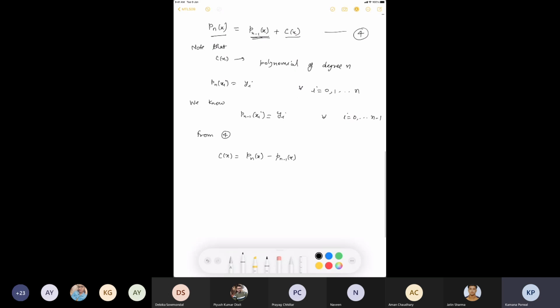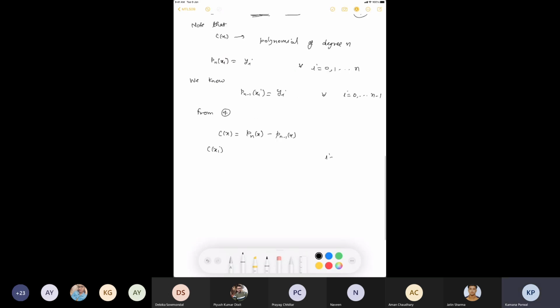If I evaluate Cx at the xi's, where i is ranging from 0 up to n minus 1, what will happen? This is also an interpolating polynomial, and this is also an interpolating polynomial. So I'm taking up to only n minus 1. This is going to be 0 because both will take the same values.